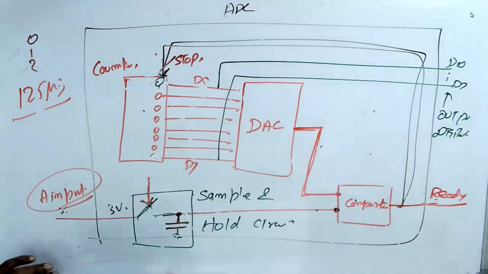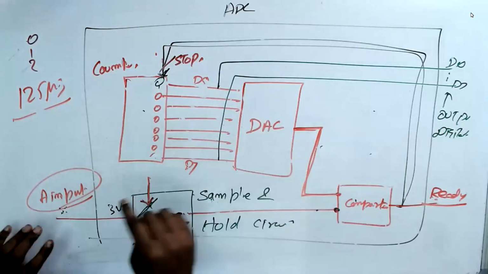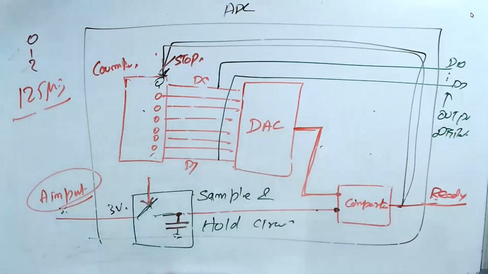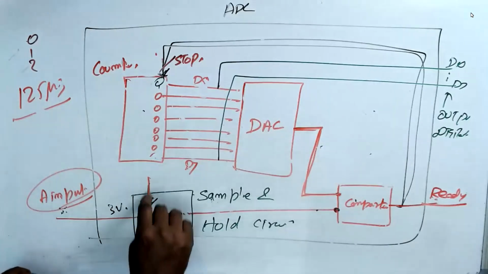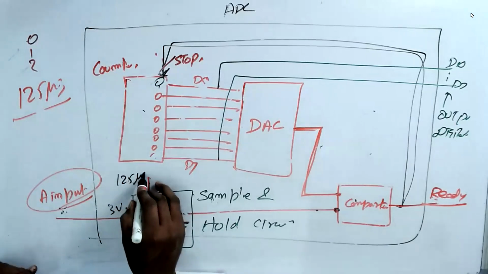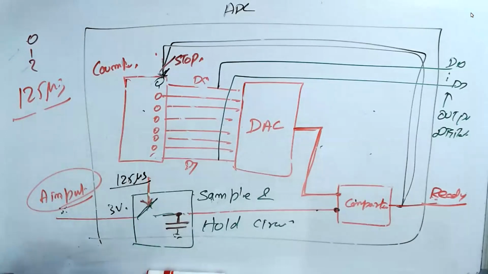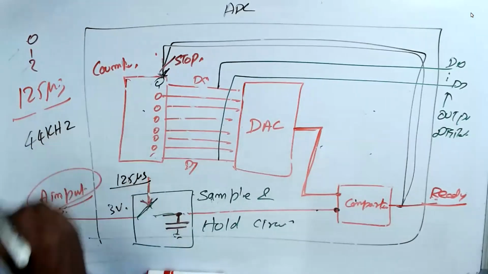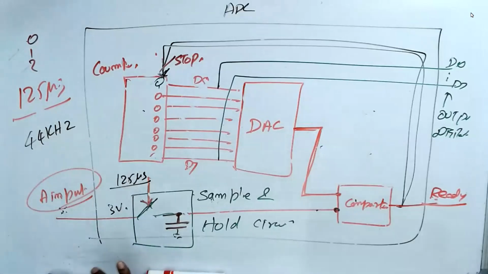So actually, ADC uses a DAC. Now you can compare the sampling time. Right now, we have put it as 125 microseconds, but in the case of stereo, it is 44 kilohertz. What is 44 kilohertz? I'll tell you the time now. 44 kilohertz means how much?